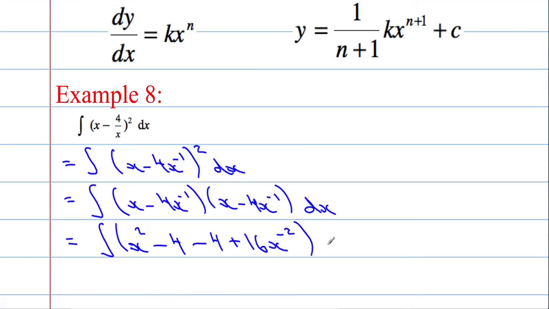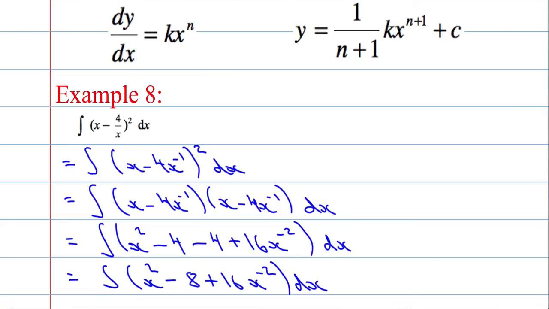And that's all integrated with respect to x. So almost there now, and then getting ready to integrate. So just tidy it up. We get x squared minus 8 plus 16 x to the negative 2, and we're integrating with respect to x.